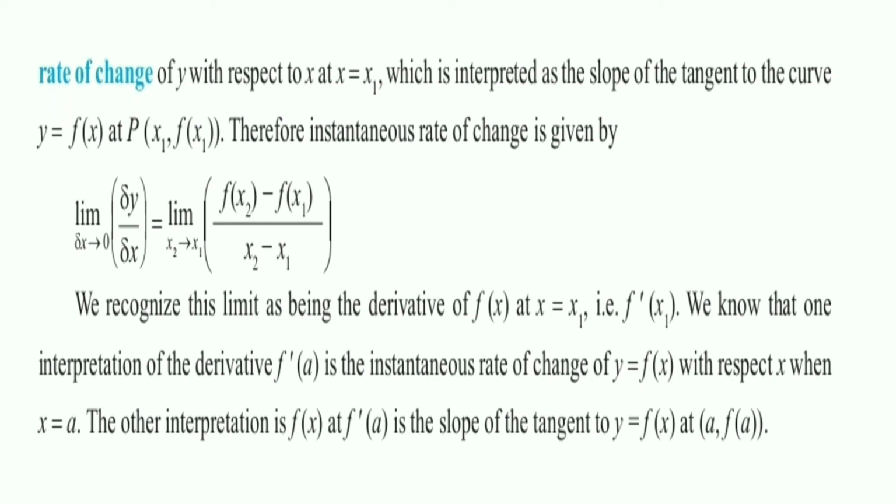The other interpretation is that f dash a is the slope of the tangent to y equals f of x at point (a, f of a).